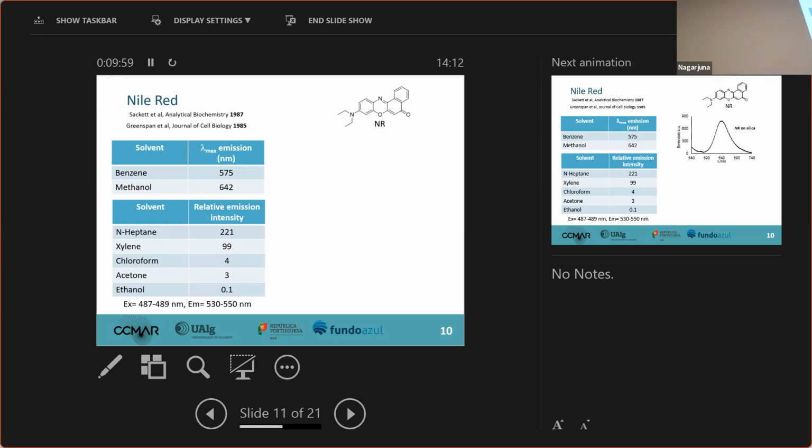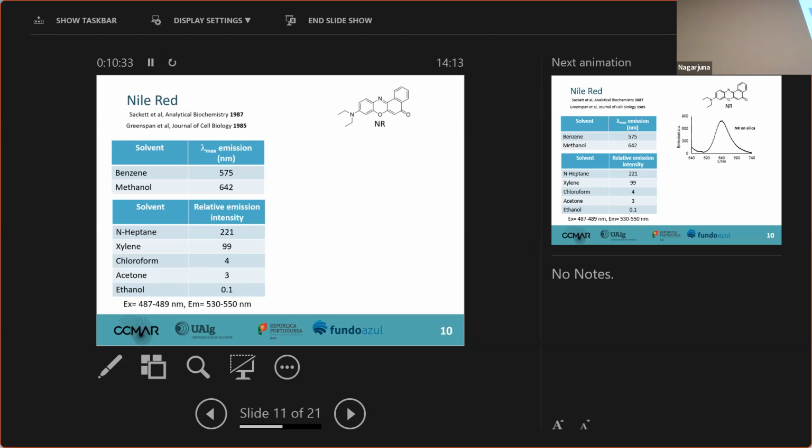There you have 575 for benzene and 642 for methanol, a huge change of the emission maximum. On top of that, you even have a change in the emission intensity. Look at this: in ethanol 0.1 as compared to 1 in heptane. This is amazing, this is 3 orders of magnitude higher. That's the reason why this probe is so good.